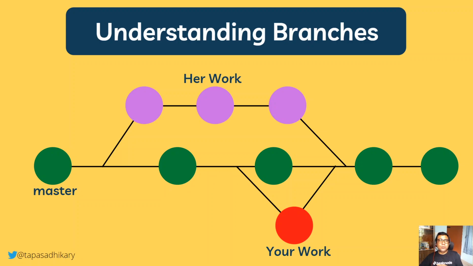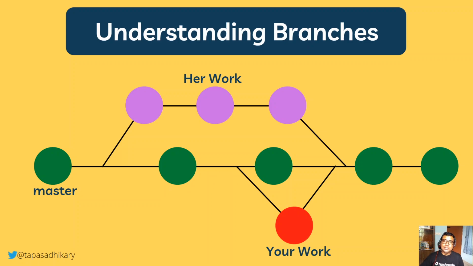At the same time, you don't want to casually override your friend's work, right? Similarly, your friend is of the same opinion. She is building something very independent, and she is going to work in a similar way. That's the case where you and your friend can both create branches.